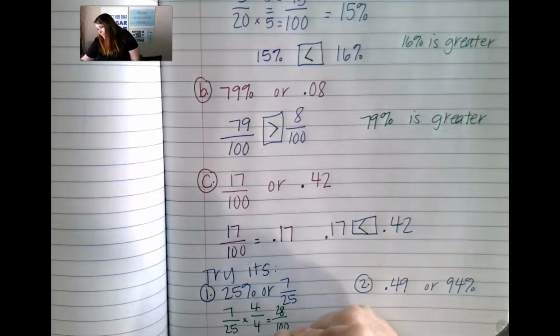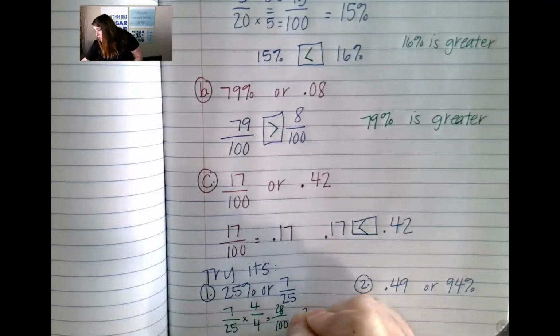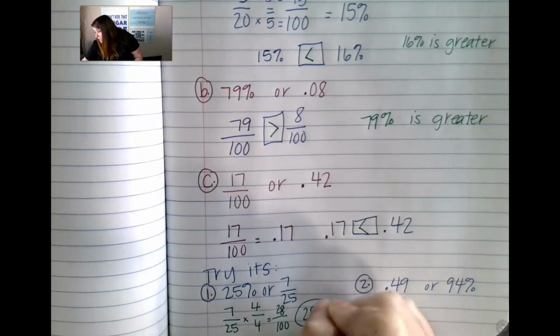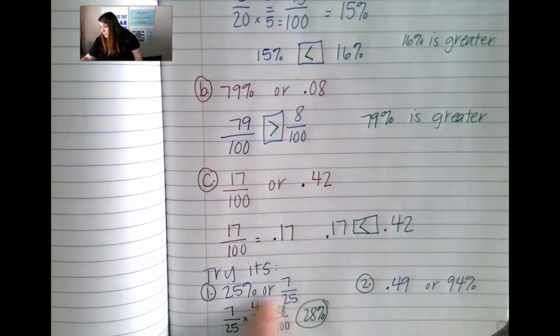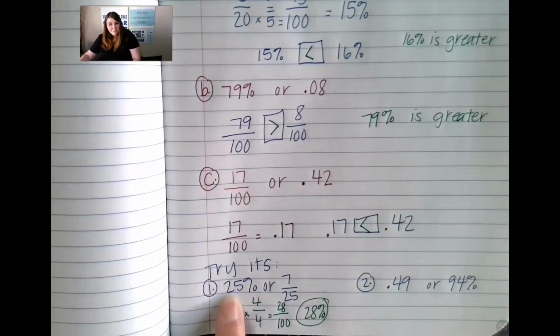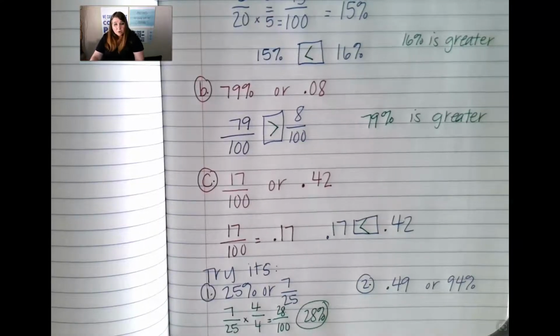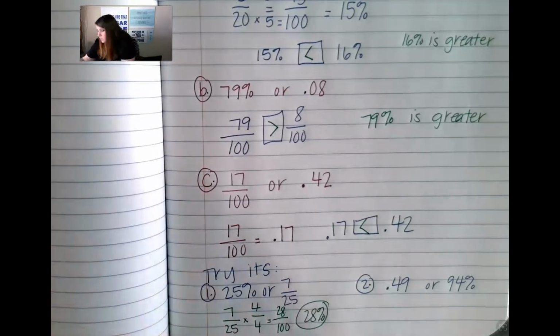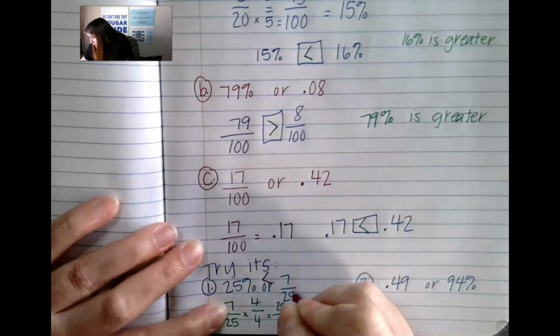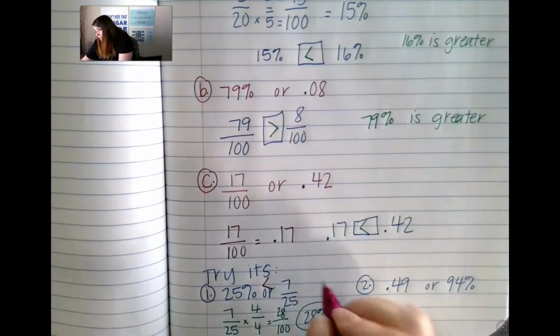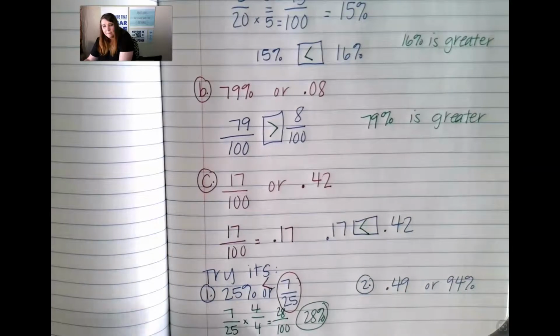Well, 28 hundredths is 28%. So 28% is bigger than 25%. So which one is greater? We could say 25% is less than 7/25. This one is bigger.